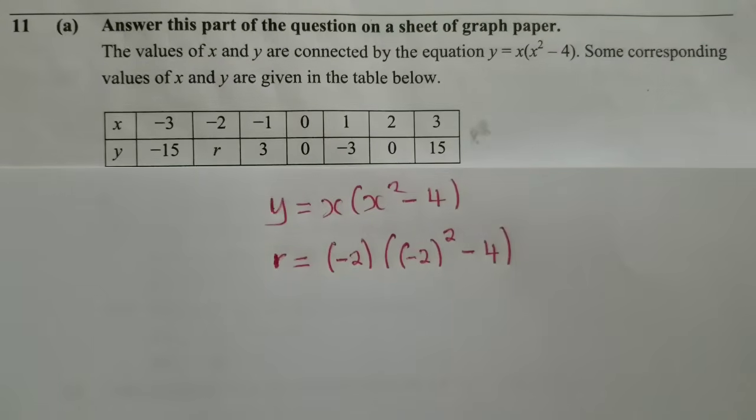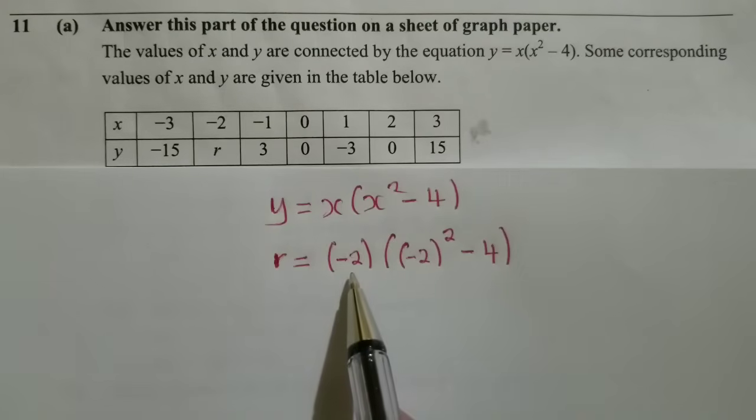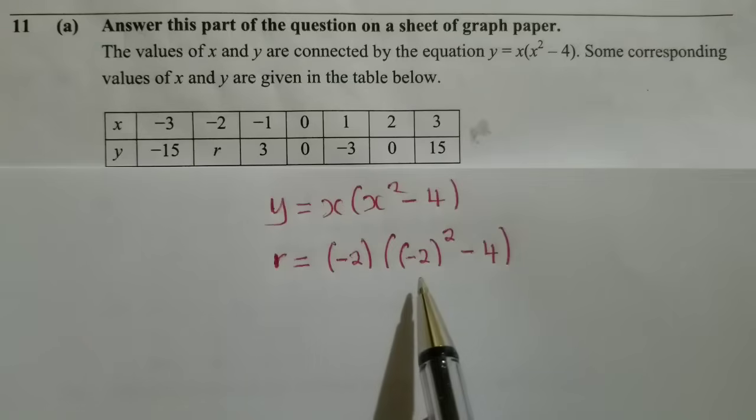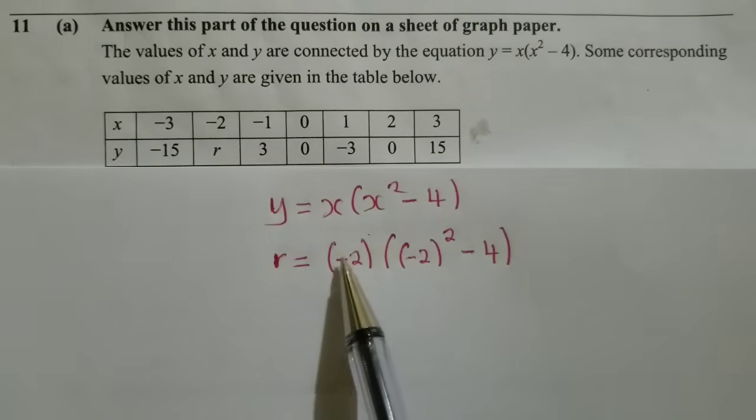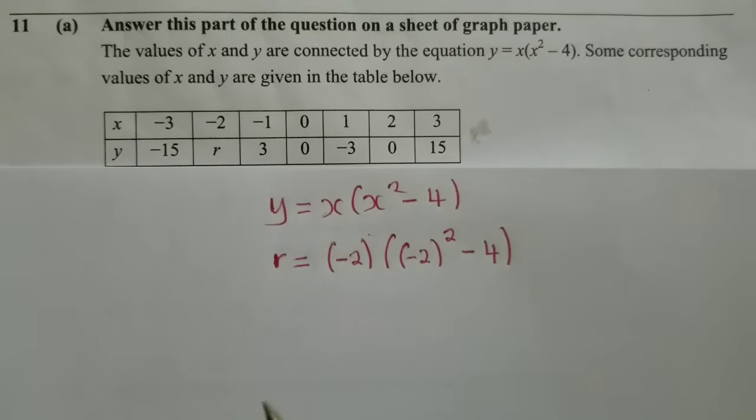I'm kindly encouraging you to develop the idea of putting the value of x inside the brackets if it has got a negative sign. If you can see, we have a negative 2. Remember to always put it inside the brackets.